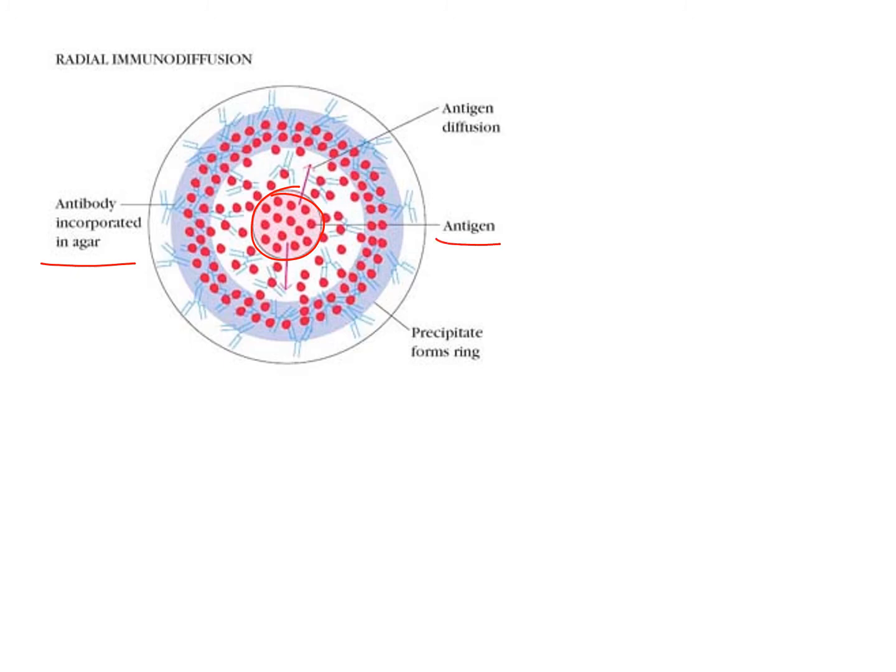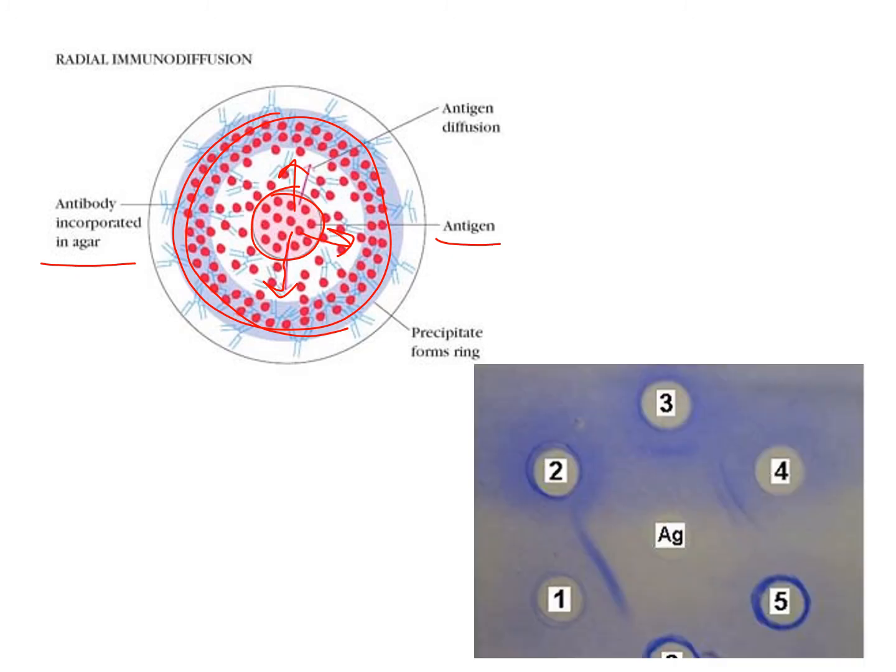And as the patient's sample diffuses through the agar from the drop, when you get to the right concentration, you will get a white precipitate forming. And an actual example of this, here you have agar that has antibody in it. You put a drop of antigen here, and as the antigen diffuses through the agar, you get a precipitate forming, so that is a positive reaction.